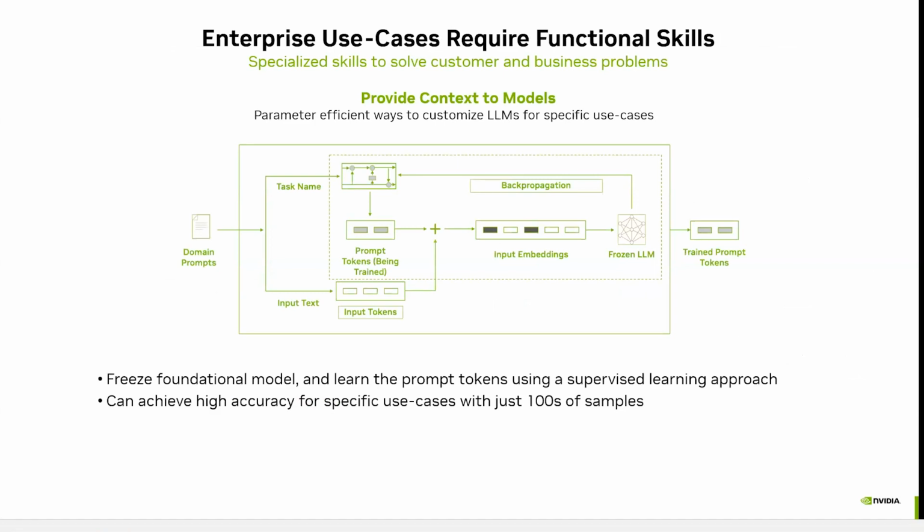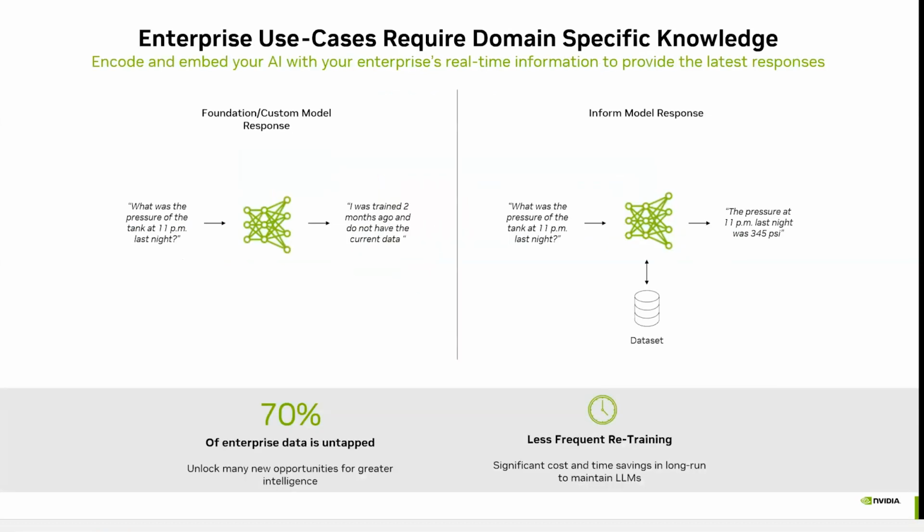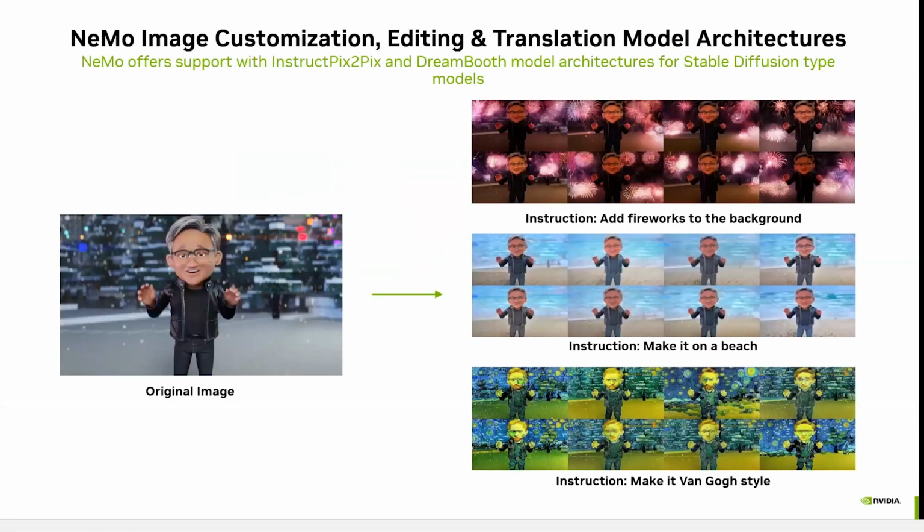There was a very good paper which this is based upon, and NVIDIA has implemented it as part of the NeMo framework. You basically backprop to update the embedding of your prompts. That's basically p-tuning, but your model weights are frozen. So you take the foundation model, provide the prompts, and that's how you get different responses. It is essentially less compute intensive.